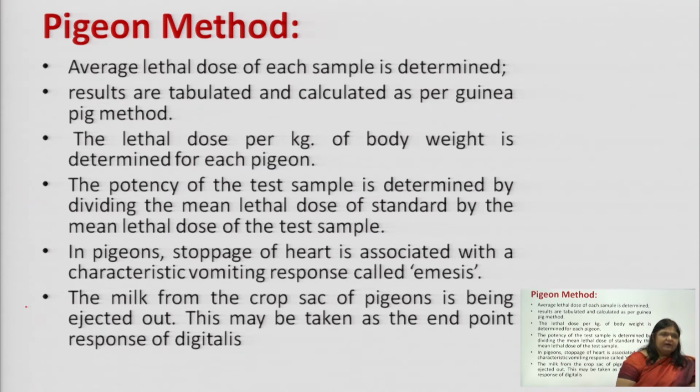So with the standard and with the test sample, by comparing both the volume at which this emesis or the ejection of milk is reported, that is taken as the lethal dose, and the concentration or potency of your test sample can be found out in comparison to the standard.